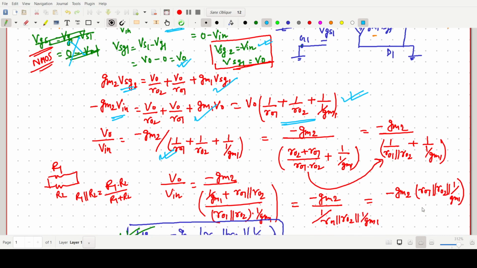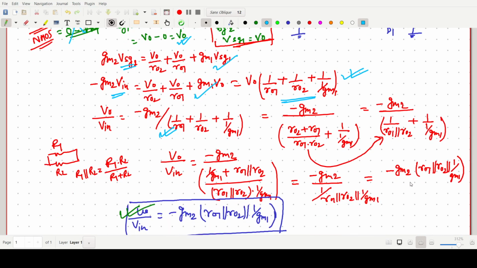So our answer should be minus GM2 times this, the overall voltage gain. So this one is the answer. This is a very conceptual question, so we have to know the PMOS small signal model. In that way we can proceed with any small signal model based question.